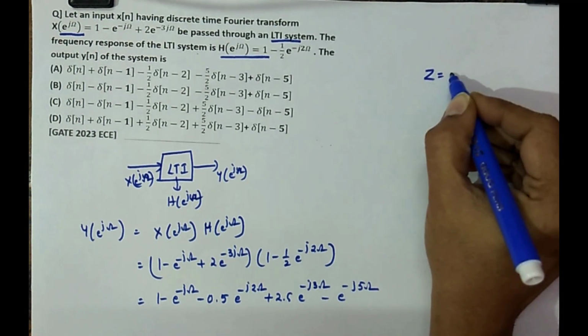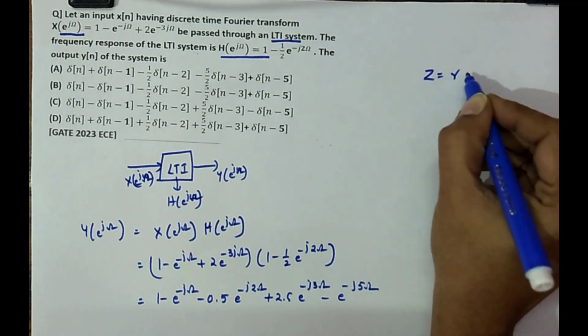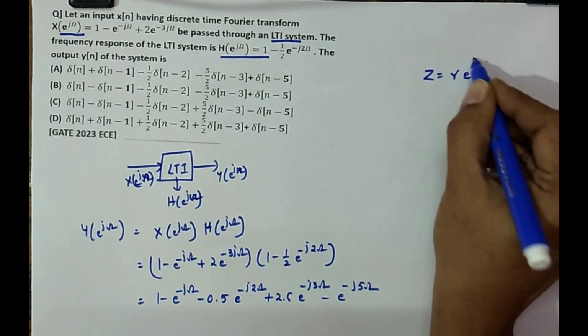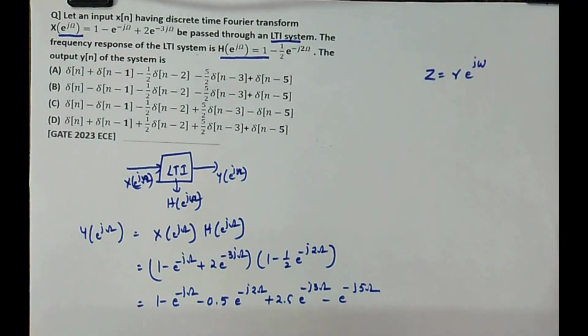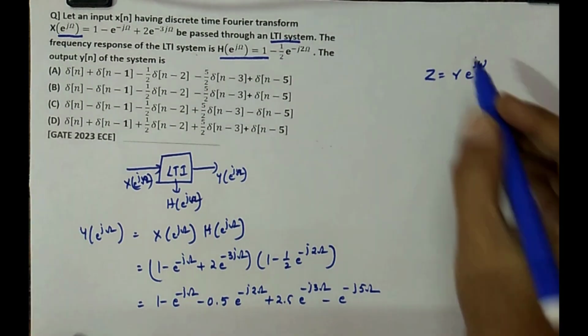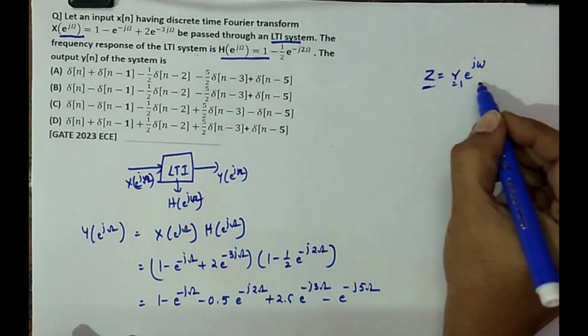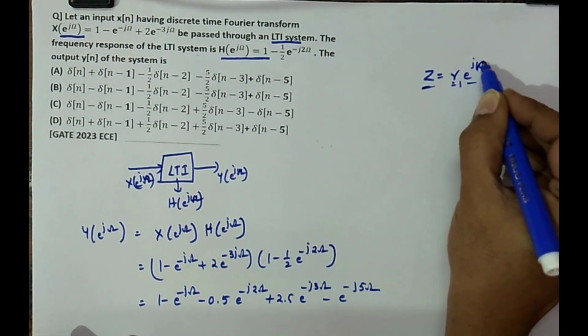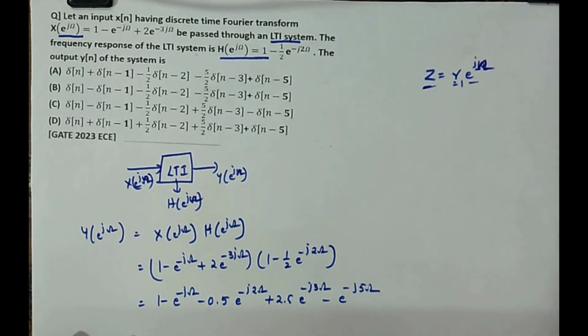And the concept of z transform: z is actually r times e power j omega. But for a stable system, r is 1, the unit circle. So as r is 1, z is e power j omega, or this omega, this notation you can follow.